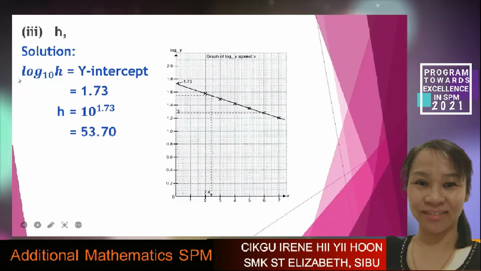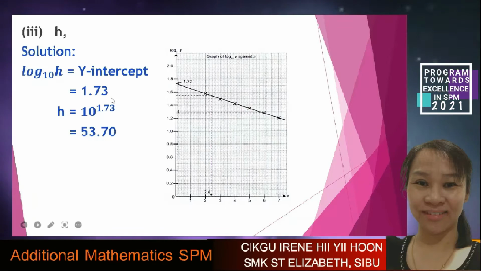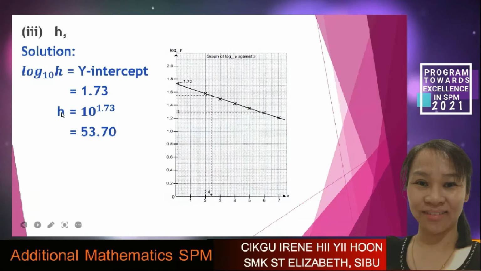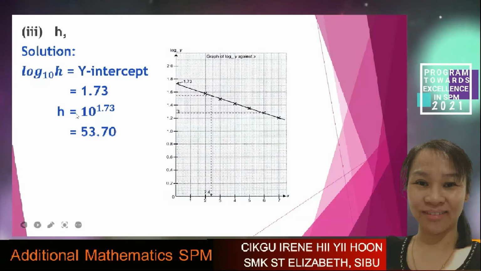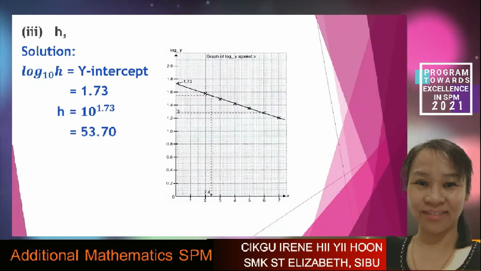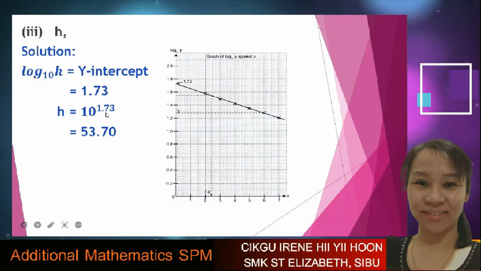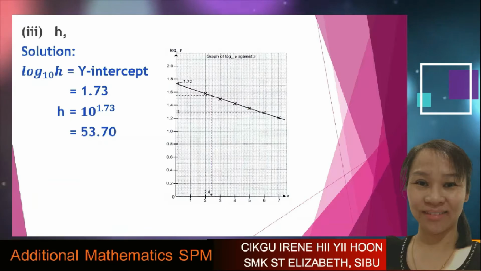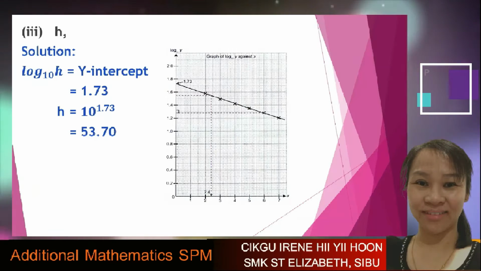So that means log h is equal to 1.73. By finding the anti-log, the value of h is equal to 10 to the power of 1.73. So the answer is 53.70. So this is the value of the constant h.